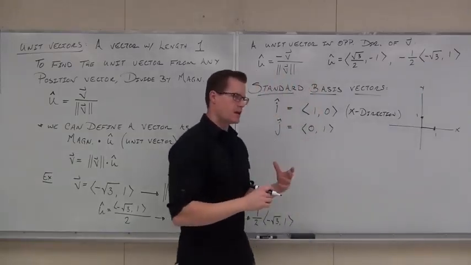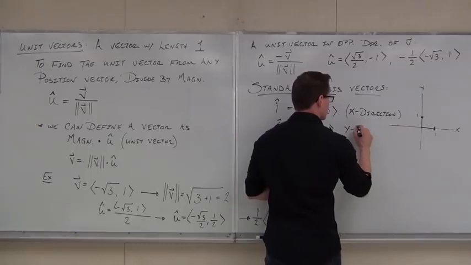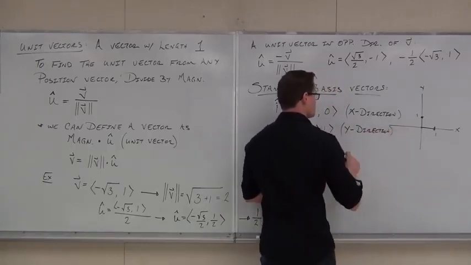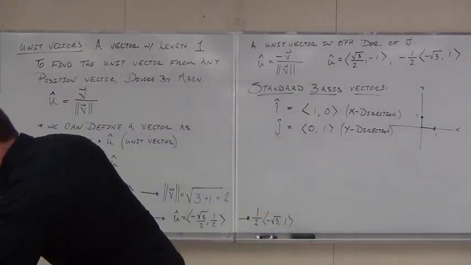When you think j, it's obviously a unit vector. Think y direction. And they look just like that. They're position vectors.